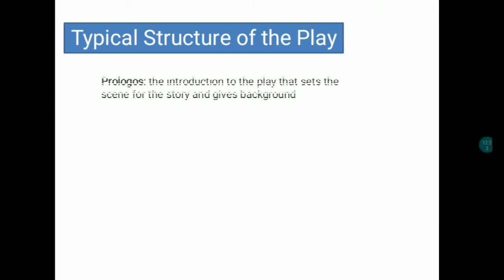Now the typical structure of the play. Till now, in our syllabi, in UG and PG, we have come across plays having 5 acts, or in some cases 3 acts, 2 acts and 1 act plays, and there are some scenes and other things.